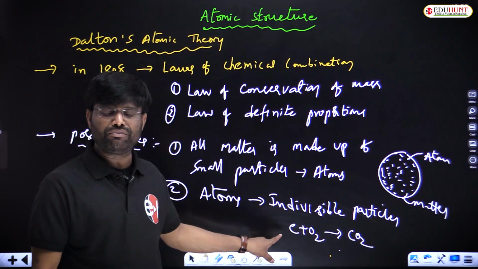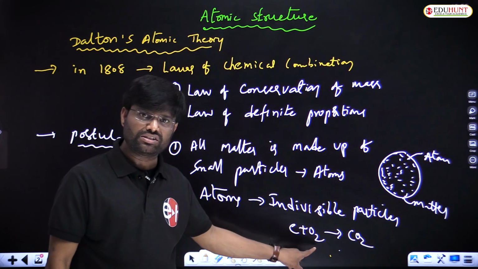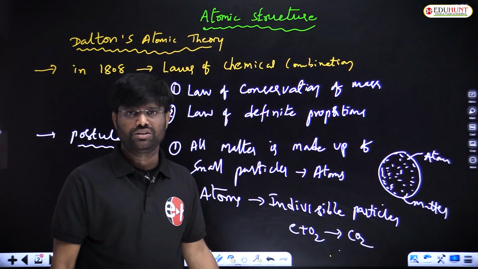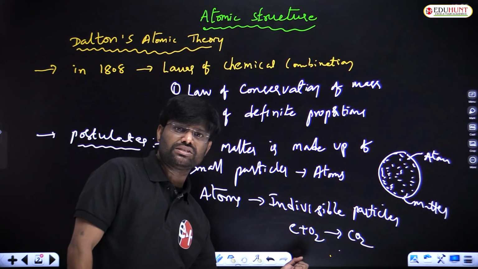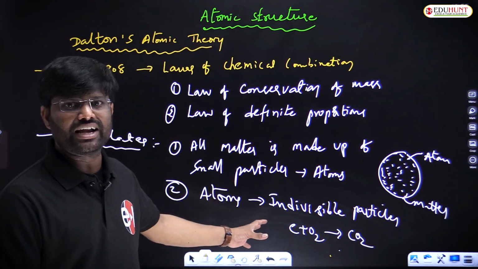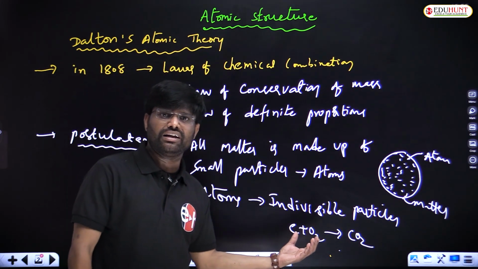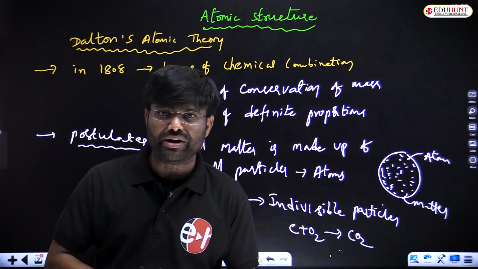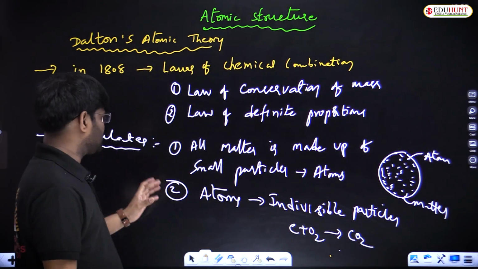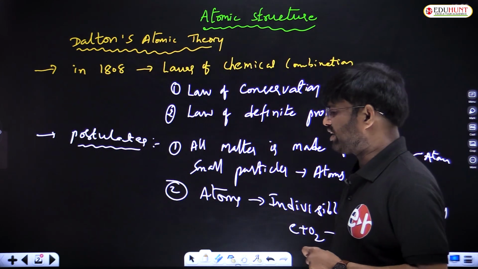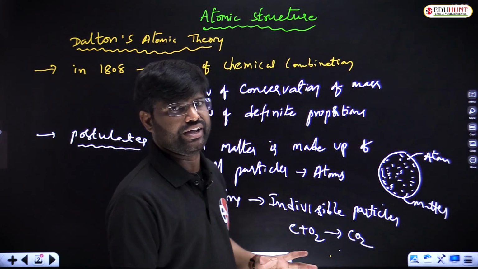Carbon is made up of many atoms, and oxygen is also made up of many atoms, and by rearranging their atoms they produce the new substance. So atoms are involved in the chemical reaction. They can neither be created nor be destroyed. That is the second point.